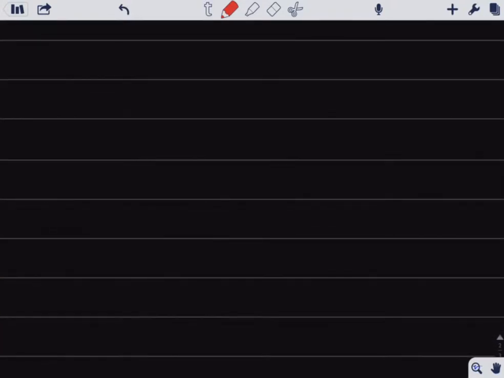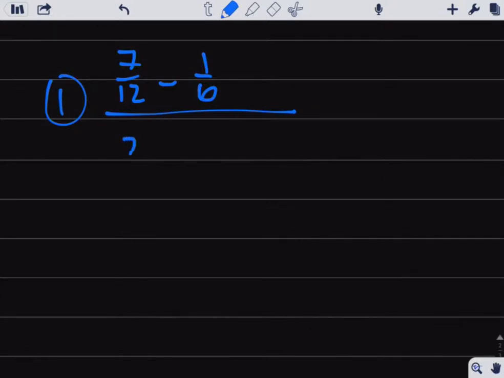All right, example 1. I have the expression, the same one we had before, (7/12 minus 1/6) over (2 plus 4/9). The idea is to do it one way or the other.